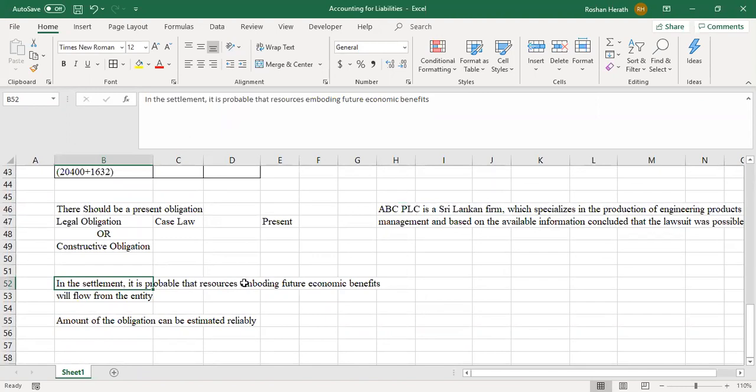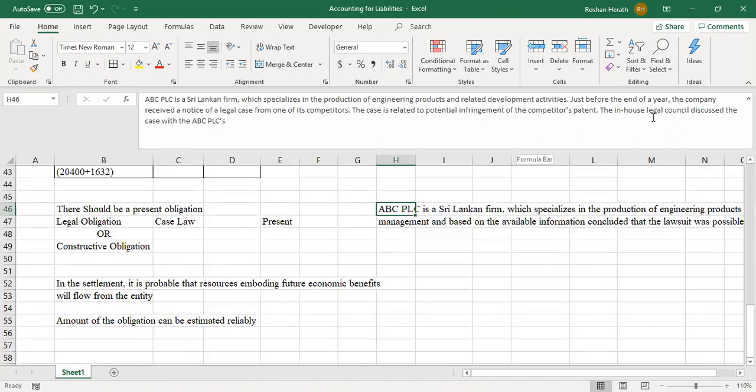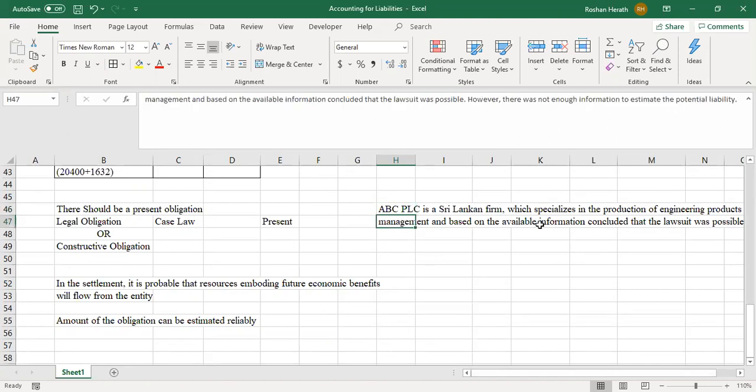In the settlement, is it probable that the resources embedding future economic benefits will flow out of the entity? If you read through the question, the in-house legal counsel discussed the case with ABC PLC's management, and based on the available information concluded that the lawsuit was possible.